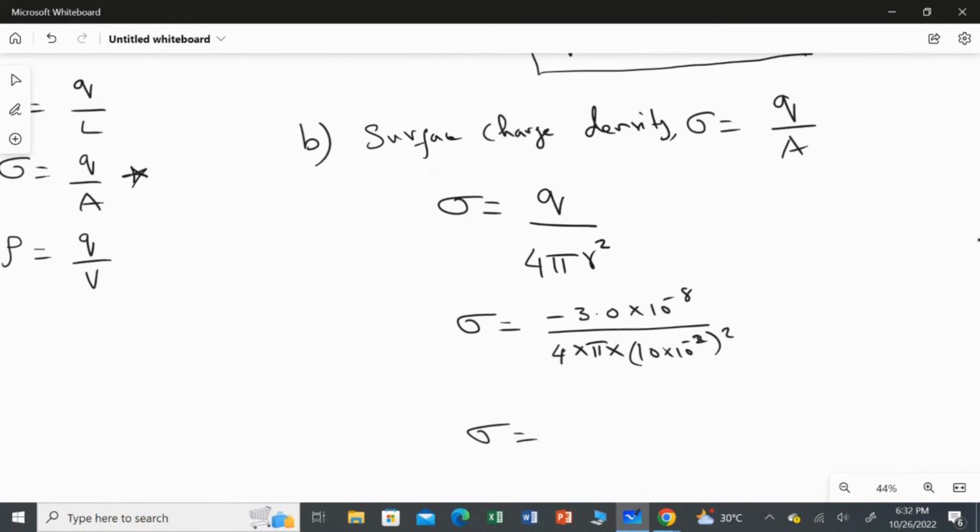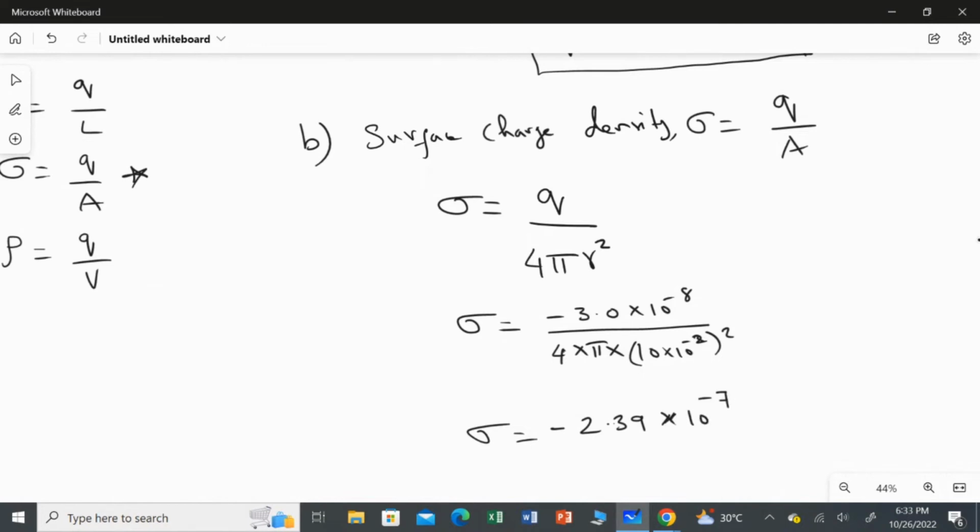Minus 3 multiplied by 10 to the power of minus 8 divided by 4 multiplied by pi multiplied by 10 to the power of minus 2, the whole square. So I got the answer as minus 2.39 multiplied by 10 to the power of minus 7.